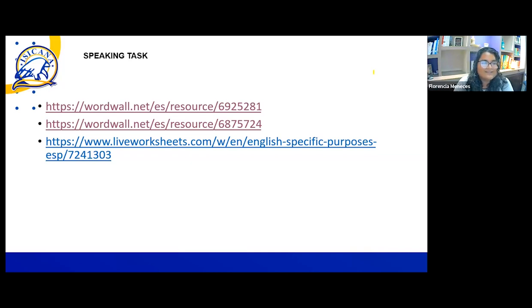Pay attention to the information, the definitions, and this matching activity. Whenever you've finished, just raise your hand so I know, and then we are going to review this all together.